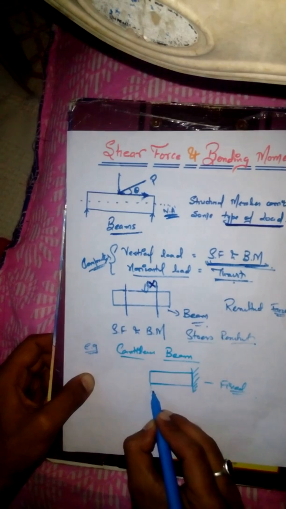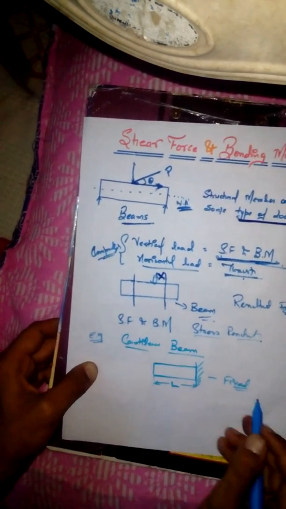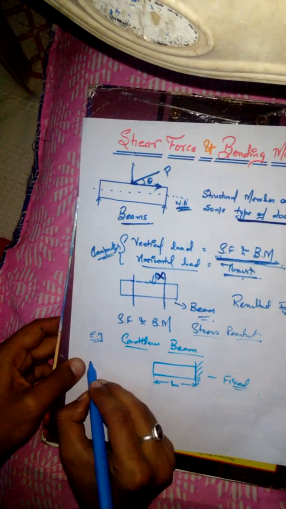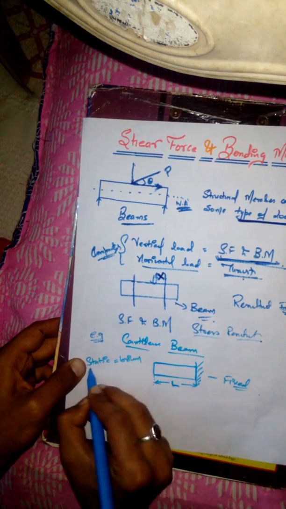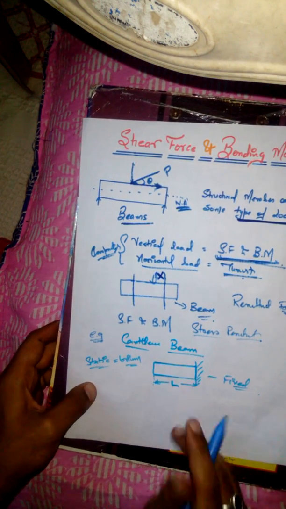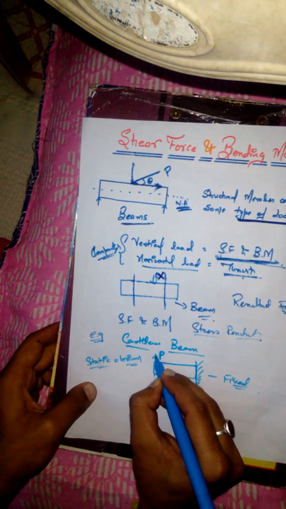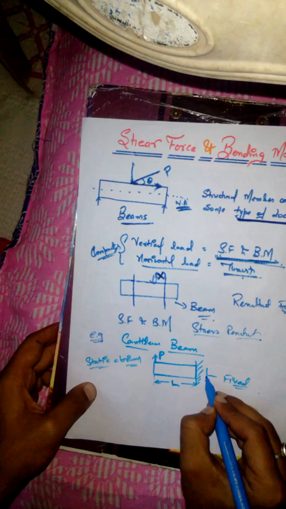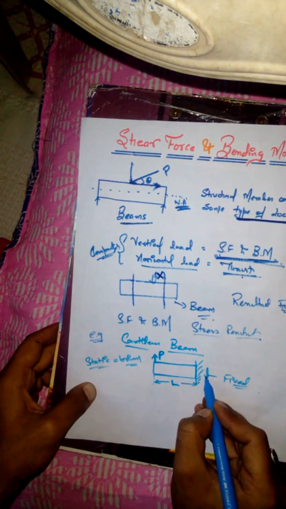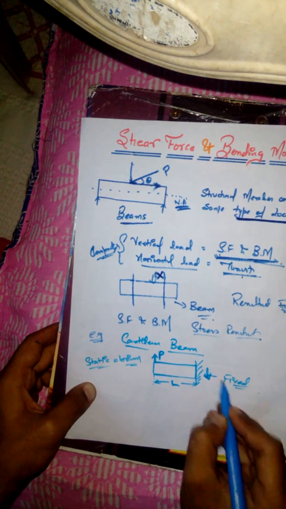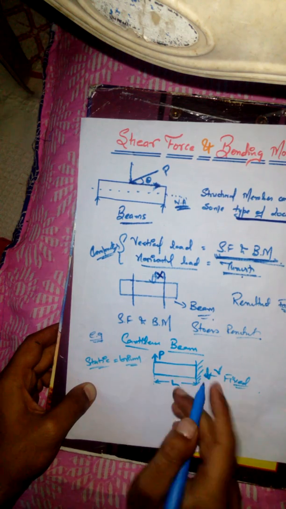Let us suppose the length of the beam is L and the beam is in static equilibrium. Static equilibrium means that the forces are in equilibrium. Let some load P be applied here. This vertical load P is balanced by some load V here.